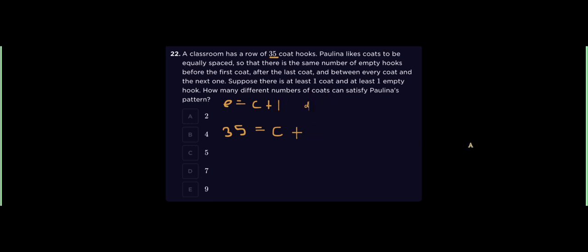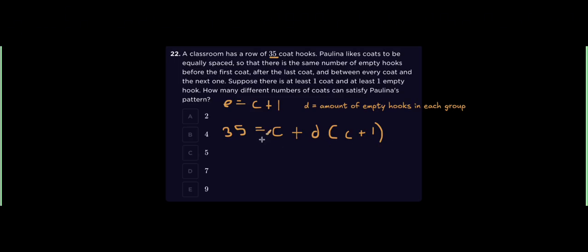Let's call this variable D, where D is the amount of empty hooks in each group. So 35 equals C plus D times C plus 1. That is our finished equation.